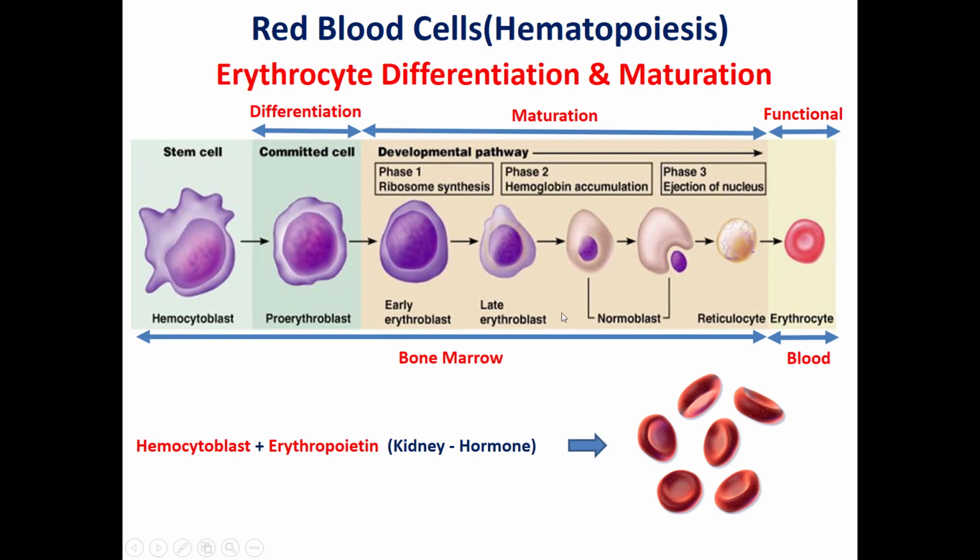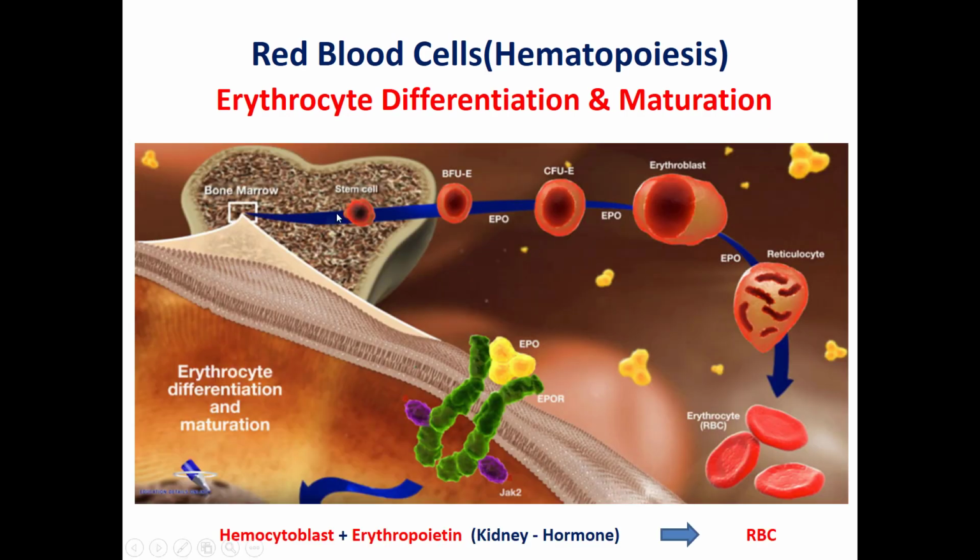But sometimes, due to certain conditions, some of the cells are released into the bloodstream before reaching the maturation phase. So it's essential to know all this information to know what type of hematology analyzer we need.